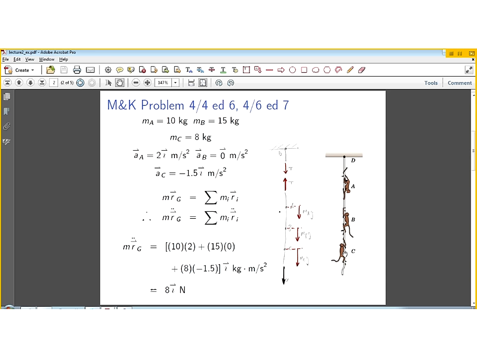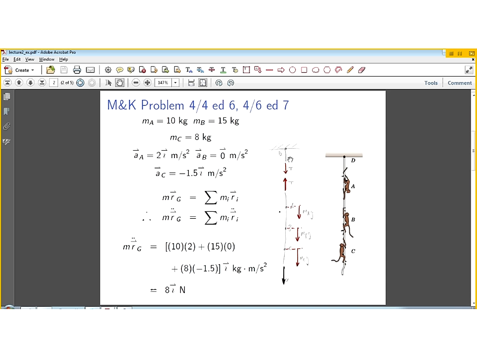And then lastly, the monkey C is also climbing upwards, accelerating upwards with an acceleration of 1.5 meters per second squared, which means that his acceleration in the x-axis system I've chosen is minus 1.5i meters per second squared. And they now ask us to calculate the force in the rope where the rope is attached to the ceiling. That is the problem statement.